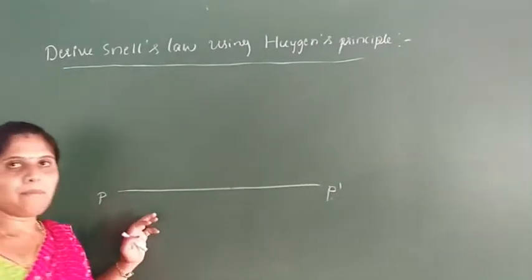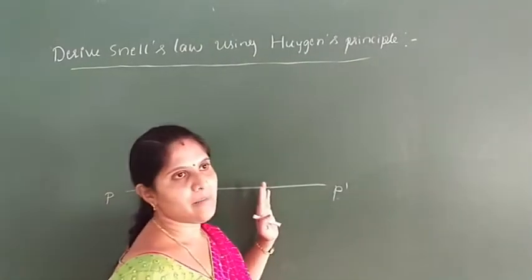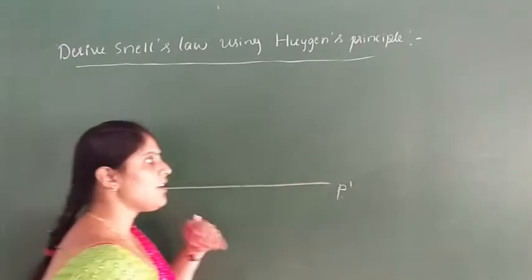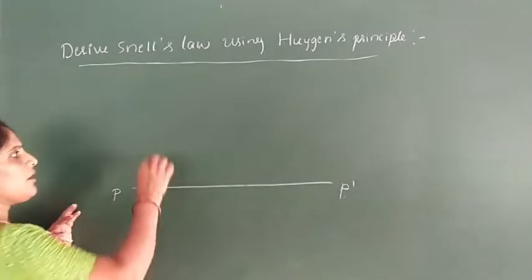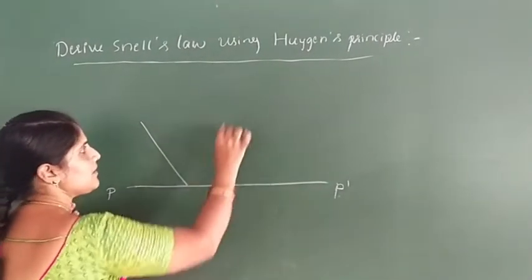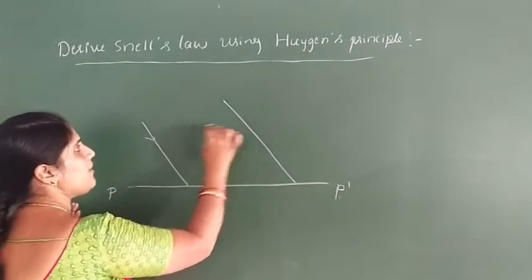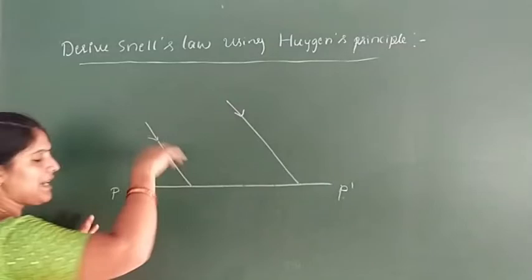When a plane wavefront is incident on this surface, what happens? It gets refracted or reflected. This is a plane parallel beam.